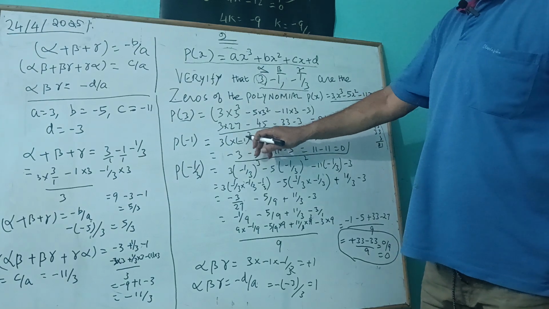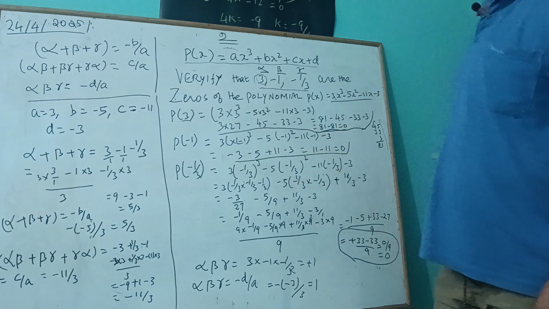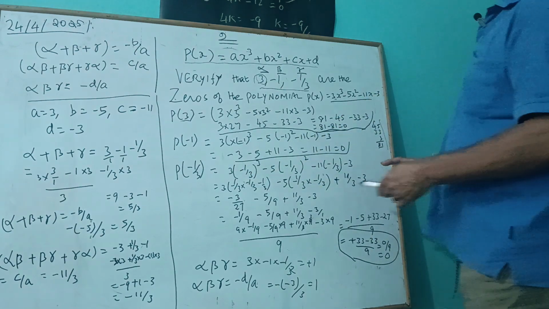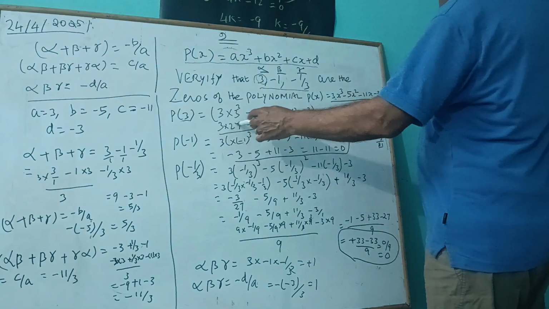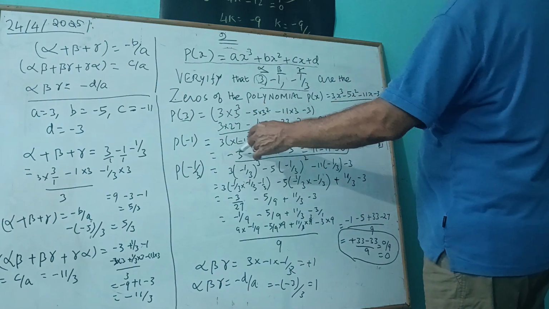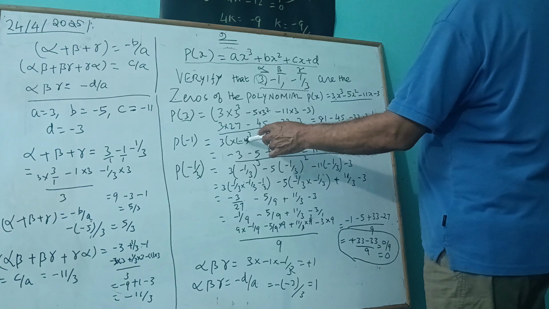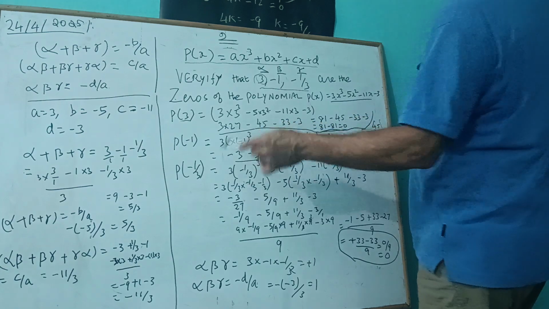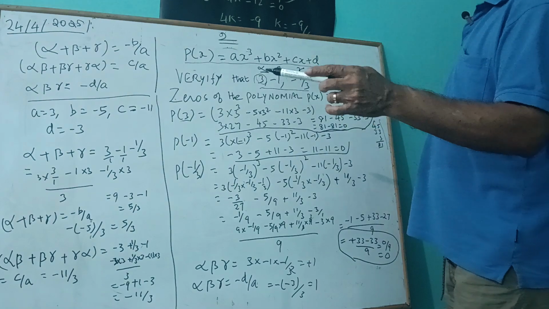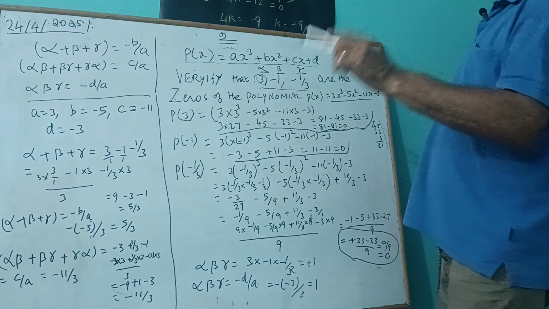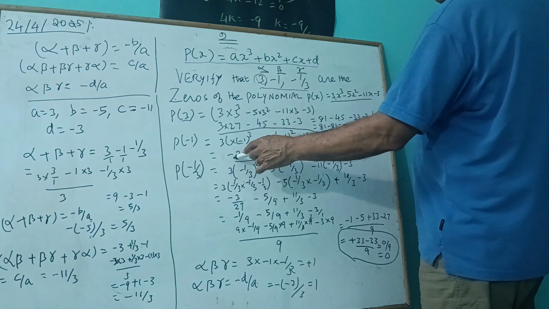So this becomes minus 1 into 3, minus 3. I just got confused because of this one mark. So this whole becomes minus 3, because this is 3 times. Minus 1 into minus 1 is plus 1, plus 1 into minus 1 is minus 1 again. So this becomes minus 3.